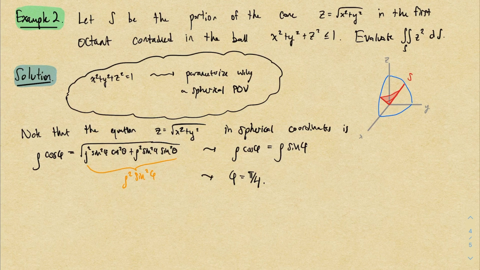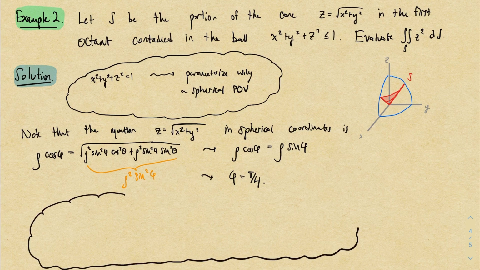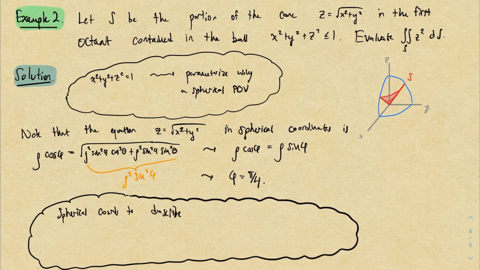So here's the point. Spherical coordinates give us a way to describe any point ever in space. So all points in the world can be written in the form rho sine phi cosine theta, rho sine phi sine theta, and rho cosine phi. But we're not trying to describe every point ever in the world.